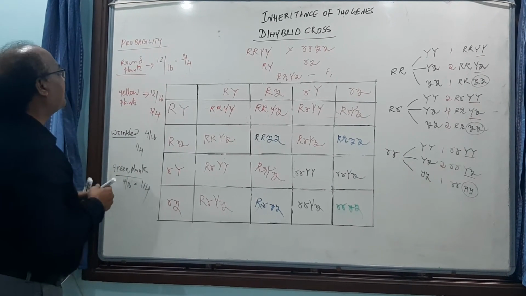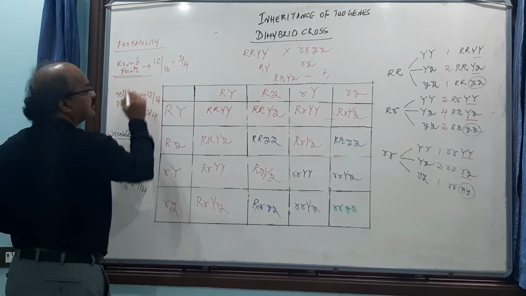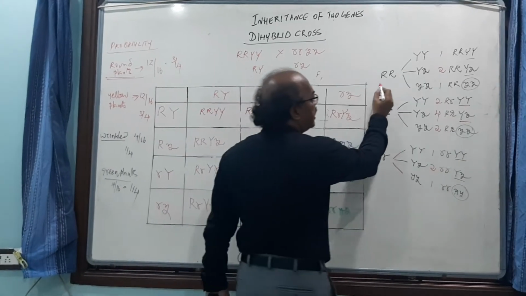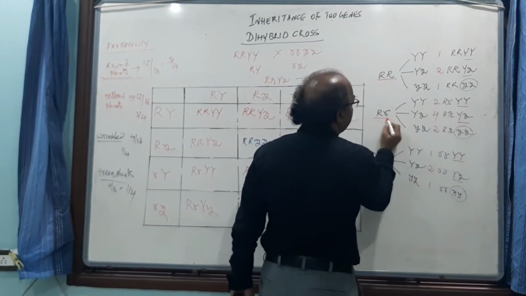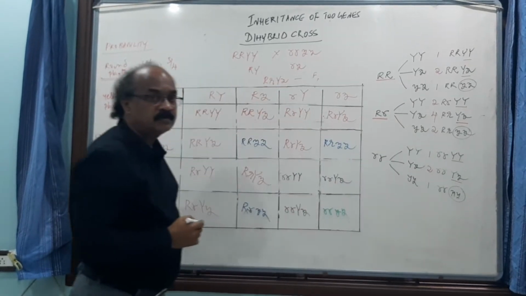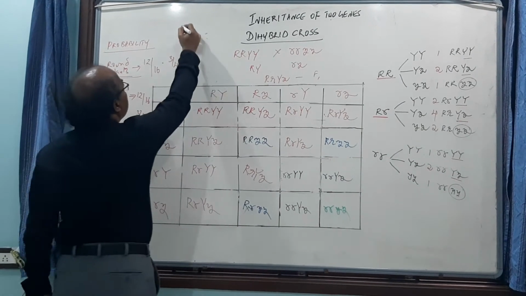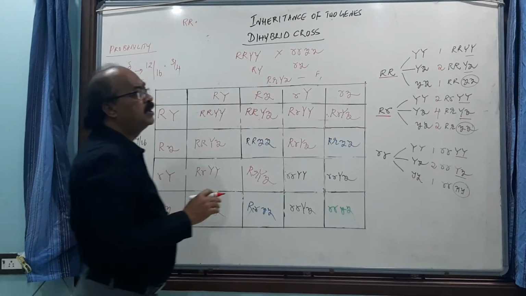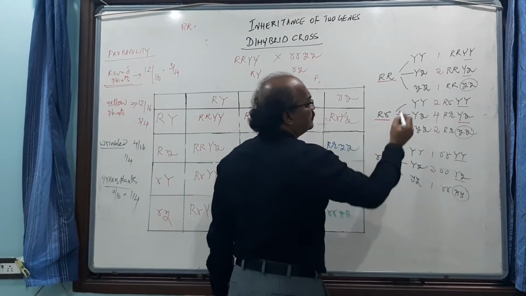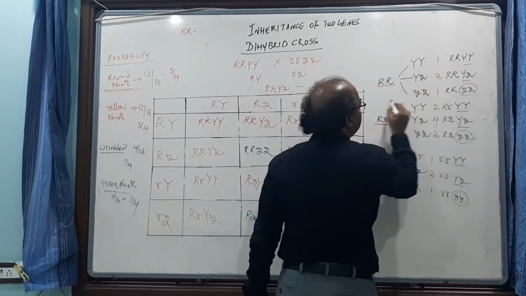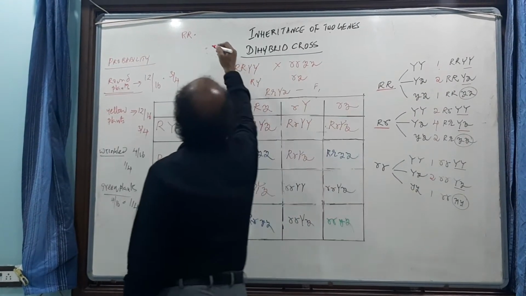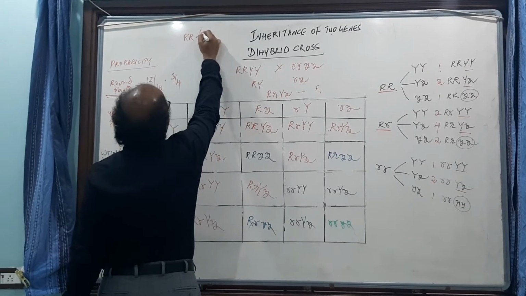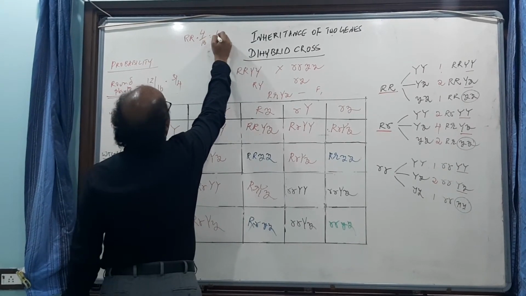Now, if you see round plants, capital R also round, capital R small r also round. What is the probability of getting a capital R? You have only 4 plants. 1 plus 2 plus 1. 4 plants. 4 out of 16. 1 by 4.